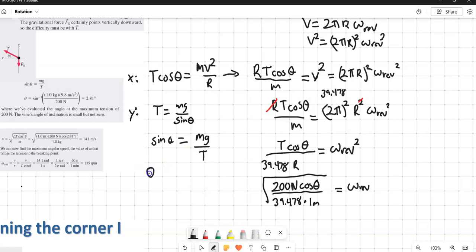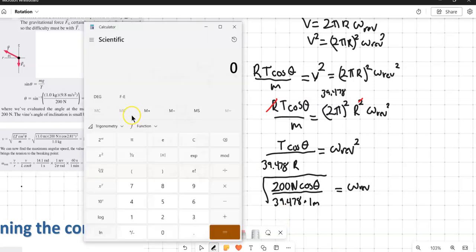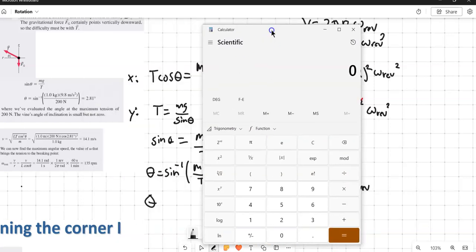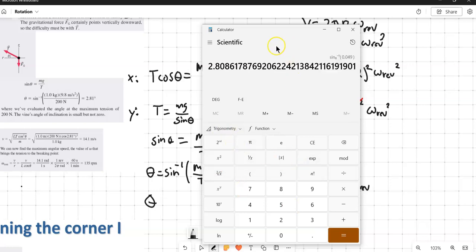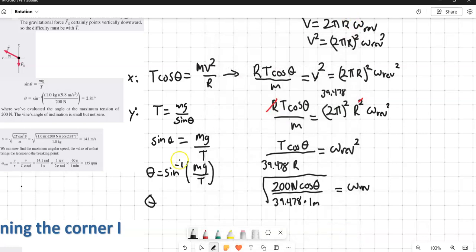So if we take the inverse sine of both sides of mg over t, that theta is going to be equal to 1 kilogram times 9.8. We're going to divide that by the 200 newton tension force. And what we're going to do is take the inverse sine of that, which is going to give us about 2.81 degrees.